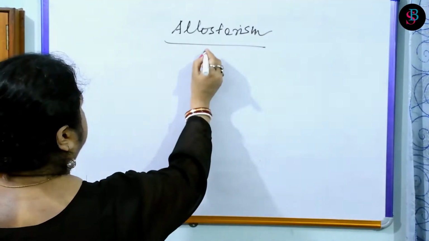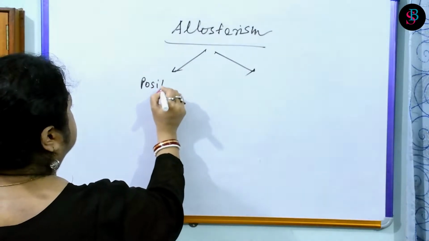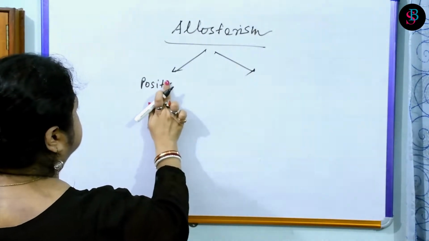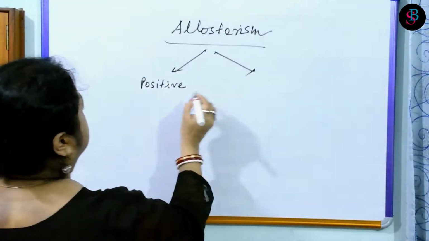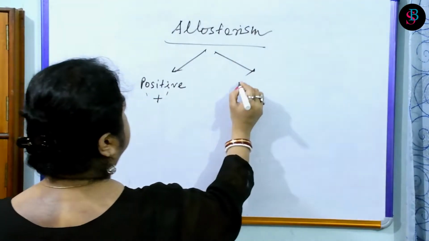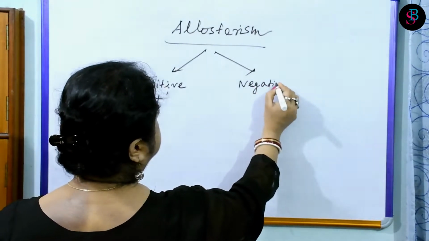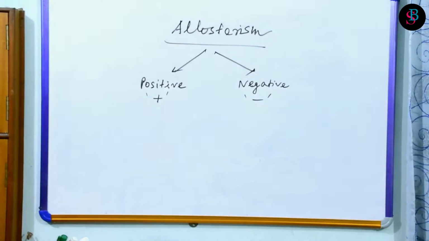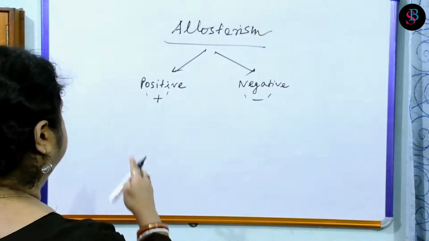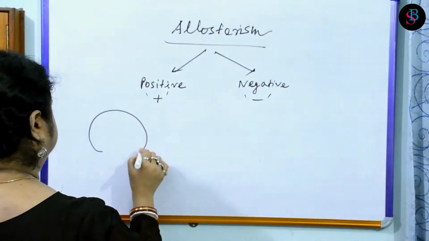So allosterism has two kinds: positive and negative. And what is positive allosterism and what is negative allosterism? First, I am giving the example of the positive one.